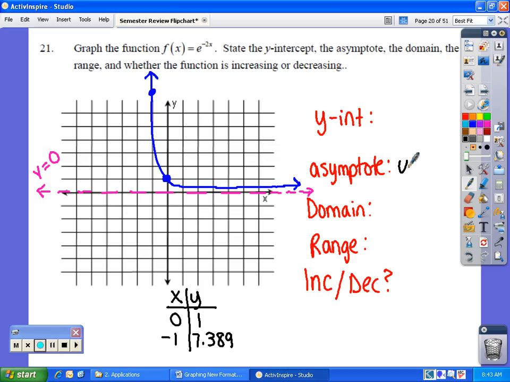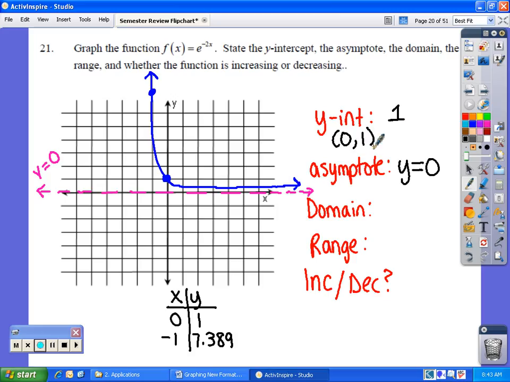So our asymptote answer is y equals 0. And we know this is the asymptote because the graph is getting very, very close to 0, but it never touches it. The y-intercept is where it crosses the y-axis, so it is at 1. Or you can put 0, 1.